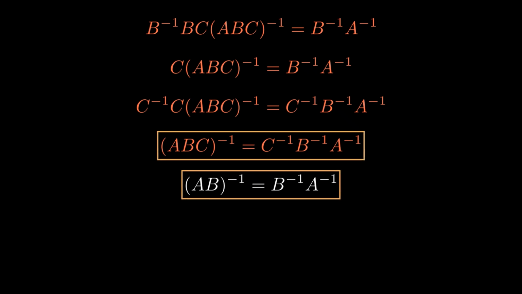The formula on the bottom, the inverse of AB is equal to B inverse times A inverse, comes from the same proof as the formula above. However, it is a little shorter, and if you want, you can cover it in your own time. But using the same logic as the proof that we just saw, we can derive this formula.